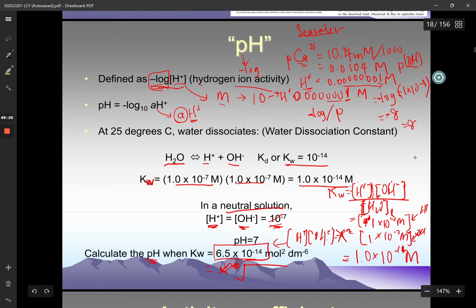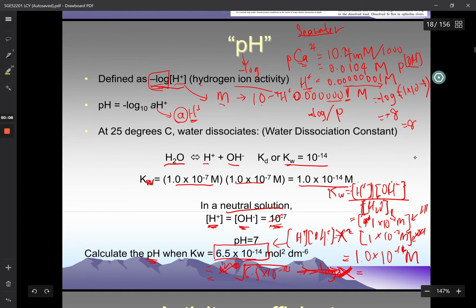we take the square root of this Kw and then negative log to find the pH. When you square root it, you get x, and x is the concentration of either H or OH in this case.